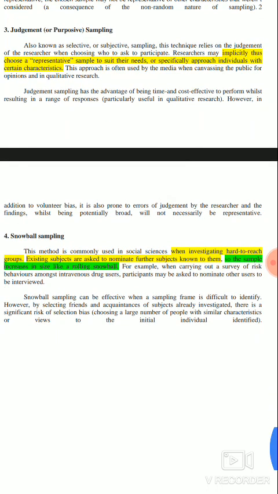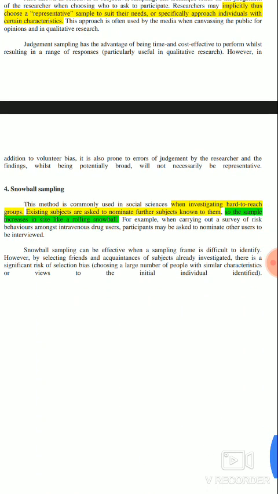And the last one is snowball sampling. Here, when a researcher finds it very hard to find any sample for his study, the researcher prefers to choose snowball sampling. Why snowball? The name suggests: in the snowball game, if a person rolls the ball against the coins, it will touch the first coin.